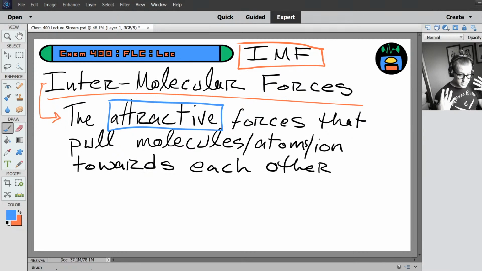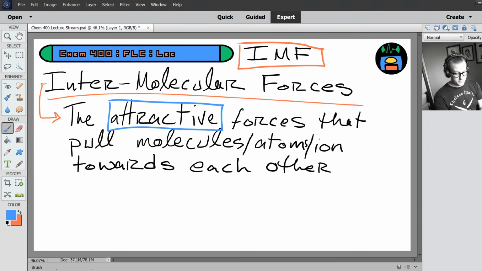These are the forces that determine things like the boiling point or melting point of a substance, how much energy it takes to get that substance to change phases. All of those are related to these intermolecular forces, which, again, literally means the forces between two molecules. So the forces, the pull that different molecules have on each other. And really, again, the key word here is attraction.